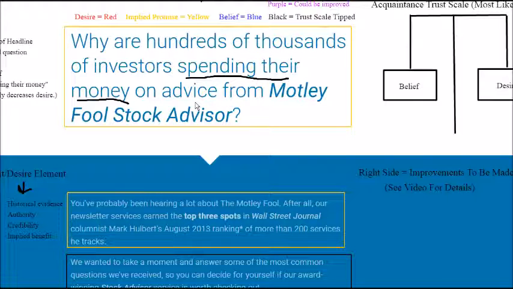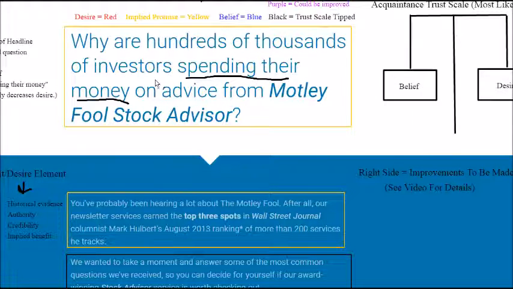What I would do is change it to, let's see, because they make much more with advice from Motley Fool, and then go straight into a testimonial, because that's a pretty big promise.